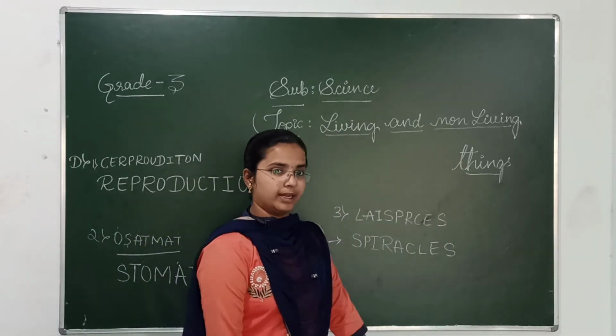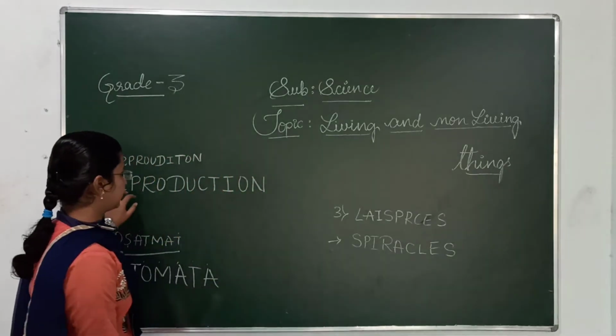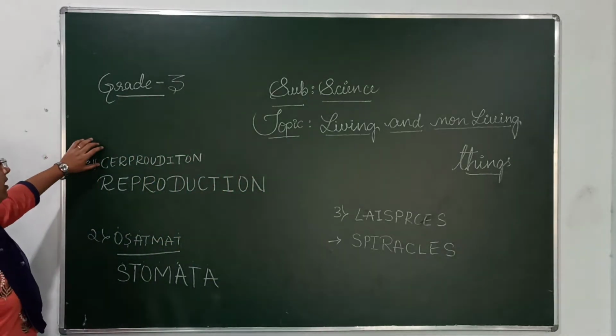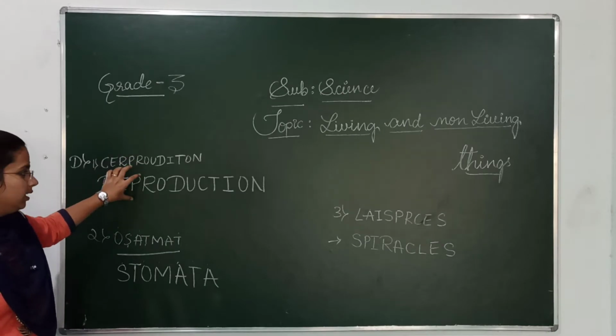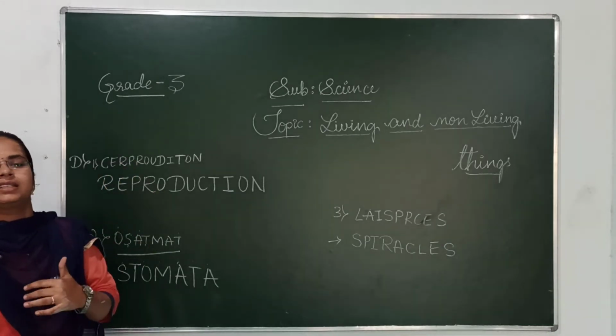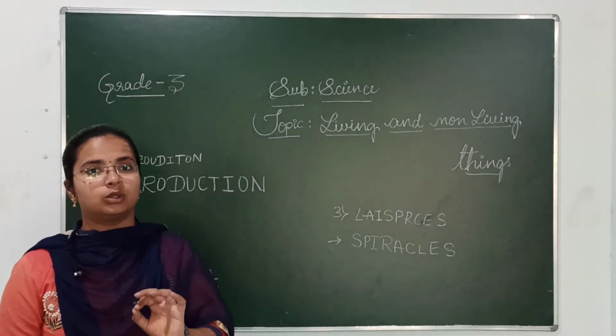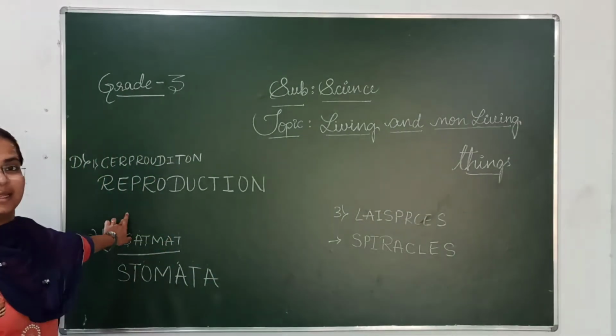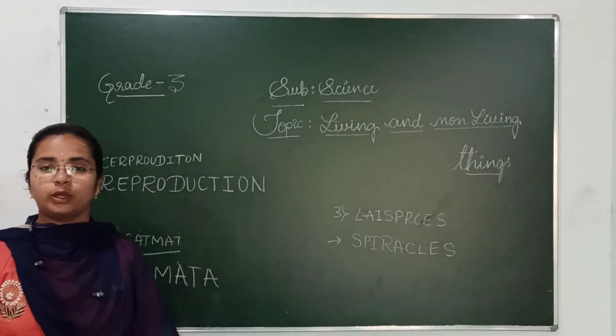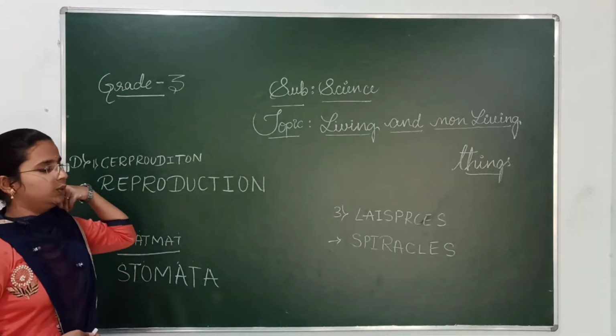Spiracles. My dears, we have just unscrambled the words which are given scrambled here, and what they have asked us to do is to explain the words by unscrambling. Now it is time to explain the unscrambled words.